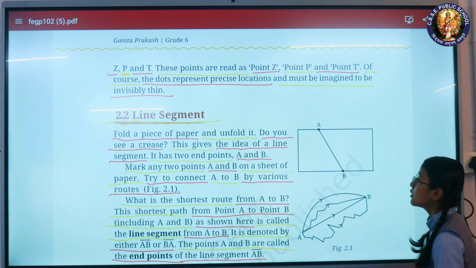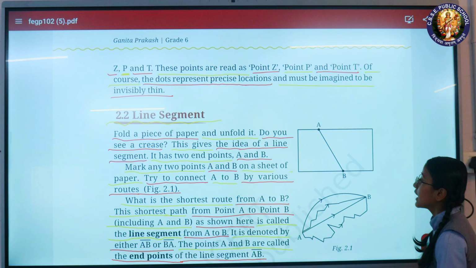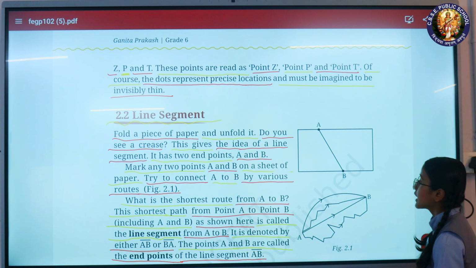It has 2 endpoints, A and B. Mark any 2 points, A and B, on a sheet of paper. Try to connect A to B by various routes. Figure 2.1.